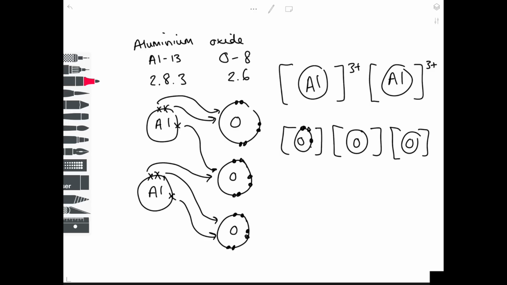Let's show their outer electrons. So basically they're clones of each other, they're all the same. And each oxygen gained 2 electrons, which is why their net charge is 2 minus. So actually the formula of aluminium oxide, as we can see, is Al2O3.